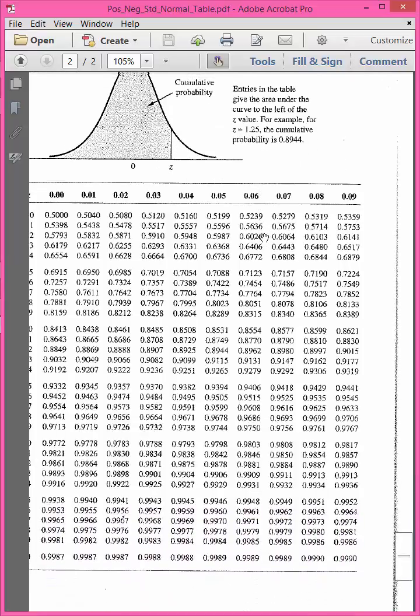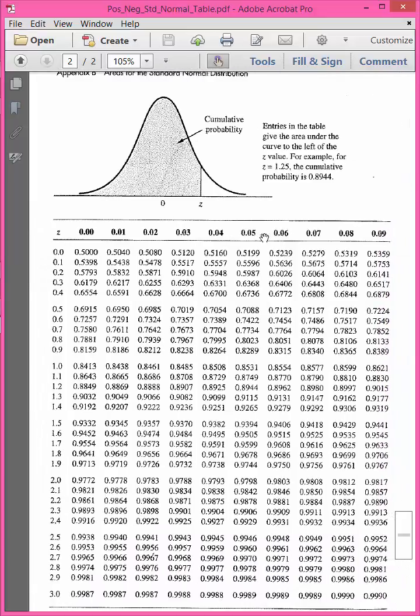So in this distribution, I'm going to look for a quantity that is as close to 0.7 as possible. And if I look, I will see 0.7019 is what I'm looking at.